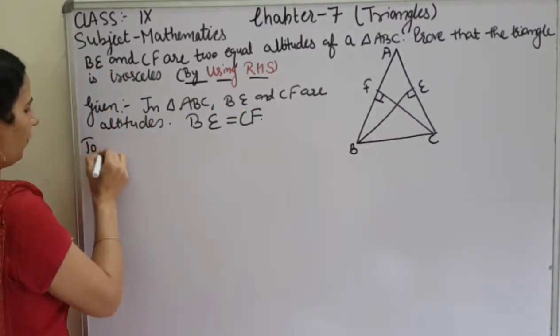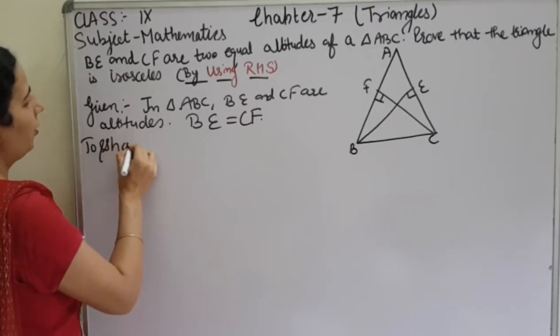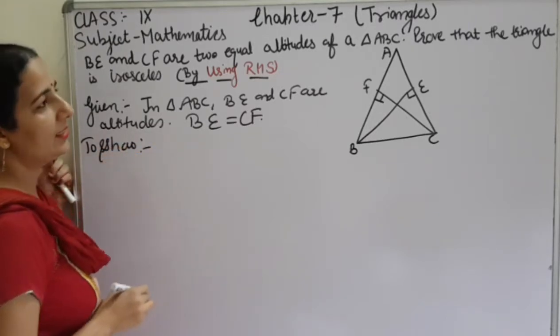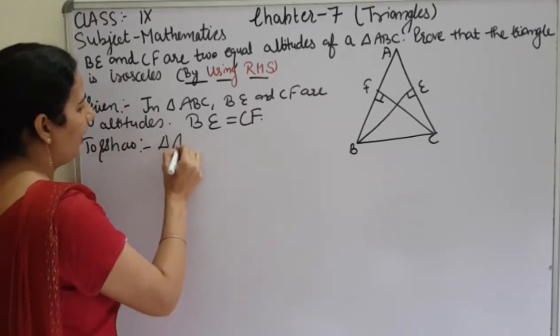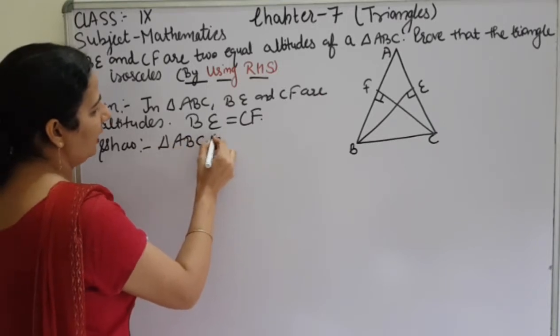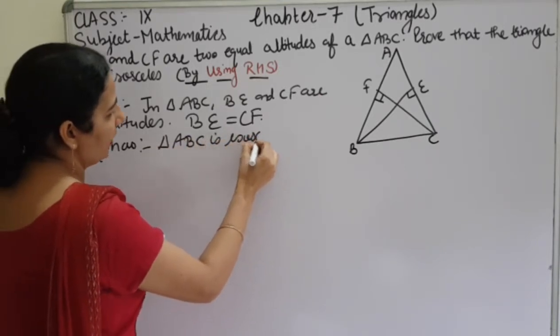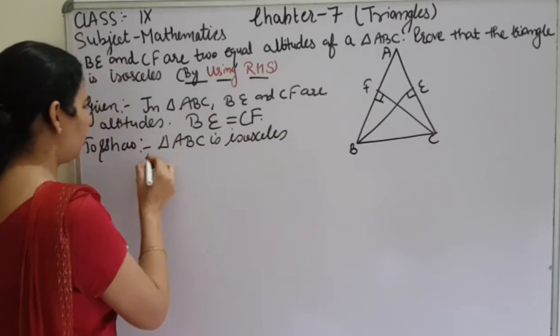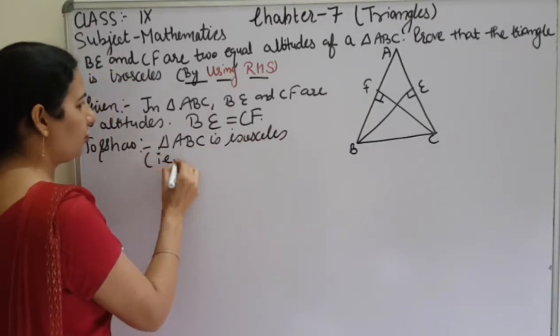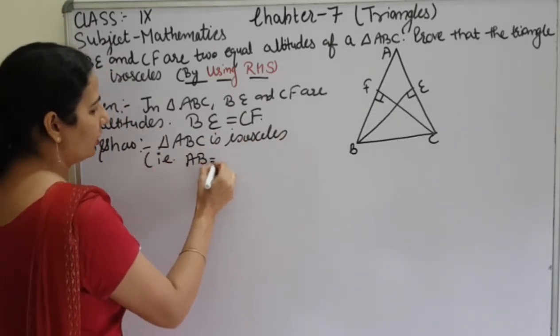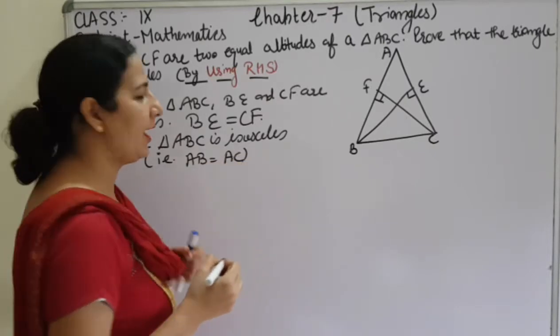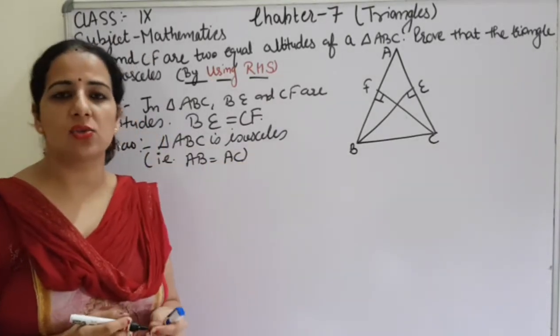Now to show, what we have to show here is that triangle ABC is isosceles. Isosceles means two sides should be equal. It means we have to show AB is equal to AC. I have already explained this in our last classes also.